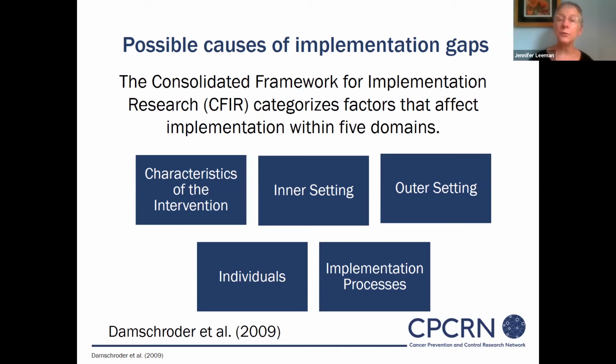Again, I introduce this to you as a brainstorming tool. Do not limit yourself to the factors on this list. It just helps you think broadly about the kinds of factors you may need to target with your implementation planning and strategies. I also introduce it to you so that you'll be familiar with one of the most widely used frameworks in implementation science.